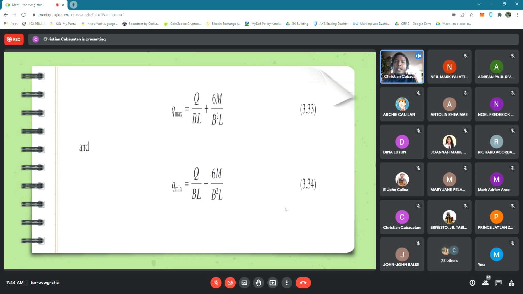That would be for the q maximum. For the q minimum, the only difference from the q maximum is the sign convention: it becomes negative instead of positive. Did you get that?